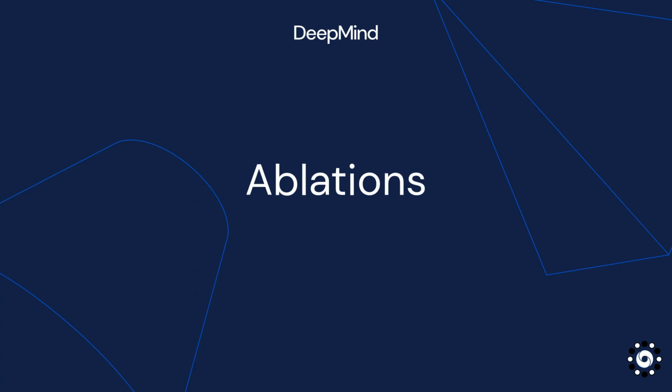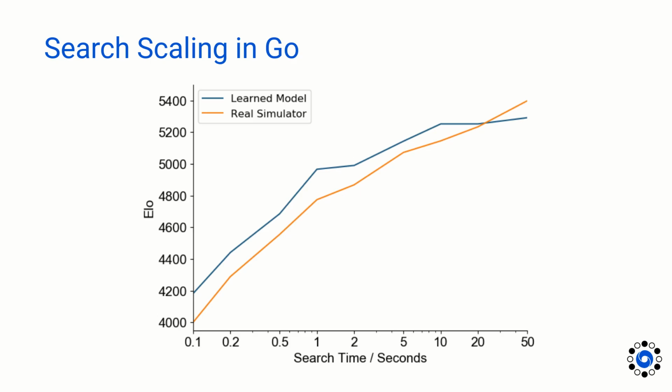Now let's look at a few ablations to understand the algorithm a bit more. Let's start with the classical game of Go, and let's start with how well can our search actually scale with this learned model. One of the great properties of normal Monte Carlo tree search is that it scales very well as we give it more search time.